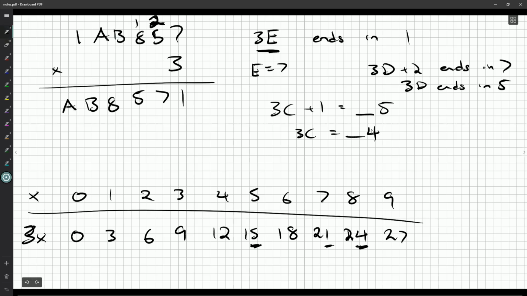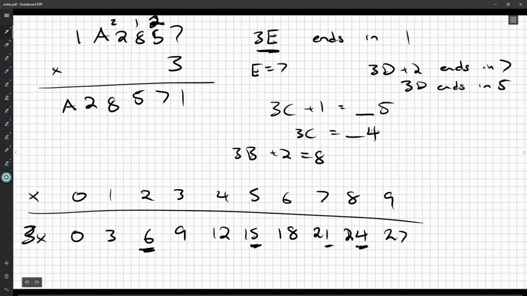So 3 times 8 plus 1 is 25, carry a 2. 3 times B plus 2 equals an 8, and you can find that B will be equal to 2. Subtract both sides: 3B has to end in a 6. Only one of these 3 times somethings ends in a 6.